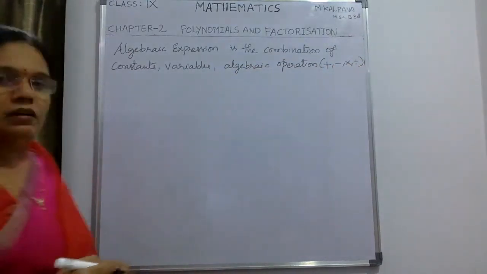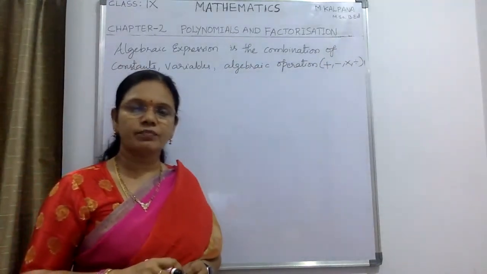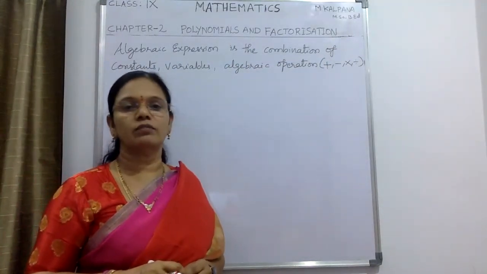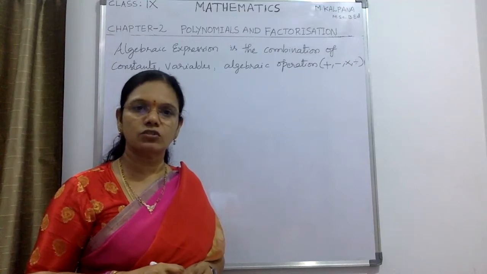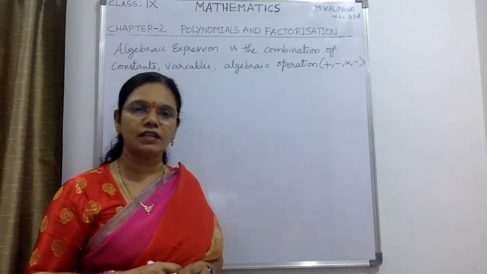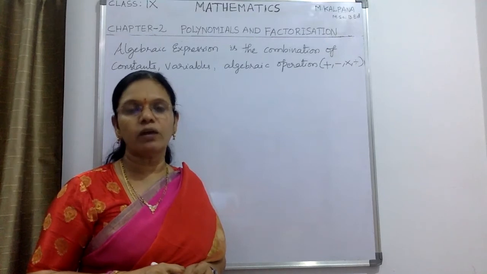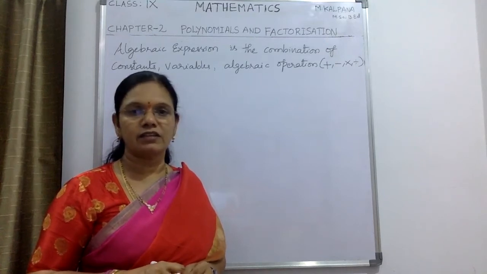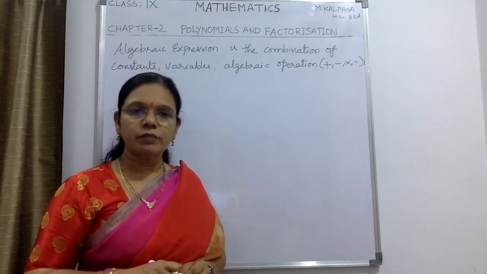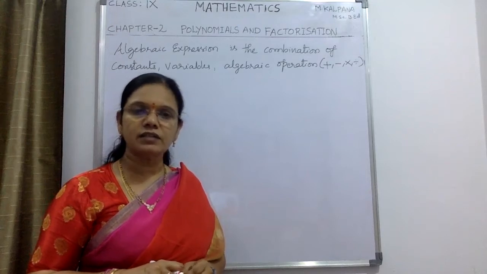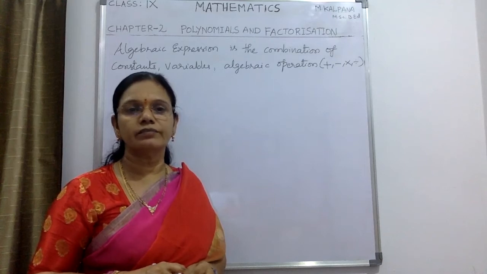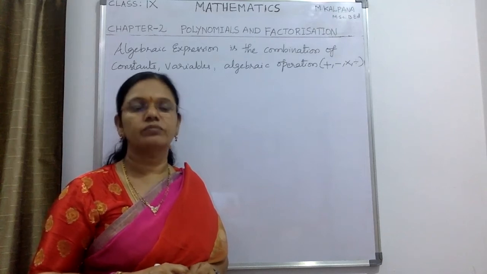Okay, let us take some situations. Let us suppose your mathematics teacher is conducting a test and she instructed your class that she will award 4 marks for every correct answer. So if a person writes X number of correct answers, in total how many marks will he get, children?